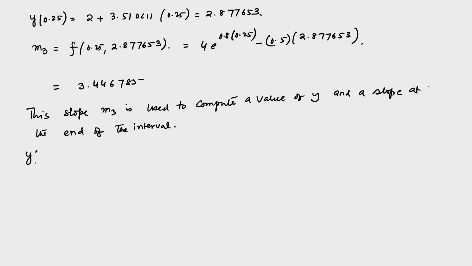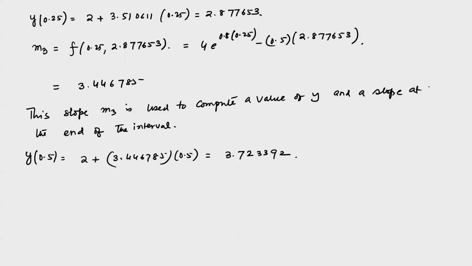Okay. So, y at 0.5 is equal to 2 plus 3.446785 multiplied by 0.5, which becomes equal to 3.723392 and so on.